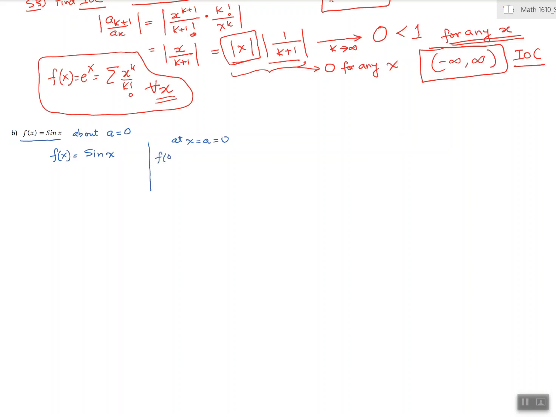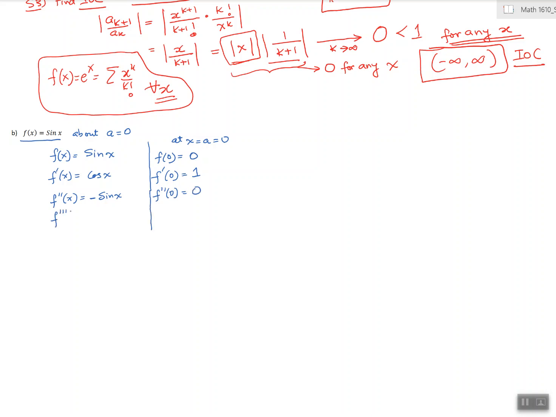So f of 0 is sine of 0, which is 0. Then f prime of x, the derivative, is cosine x. So f prime of 0 is cosine of 0, which is 1. f double prime of x is going to be negative sine x. So f double prime at 0 would be 0.